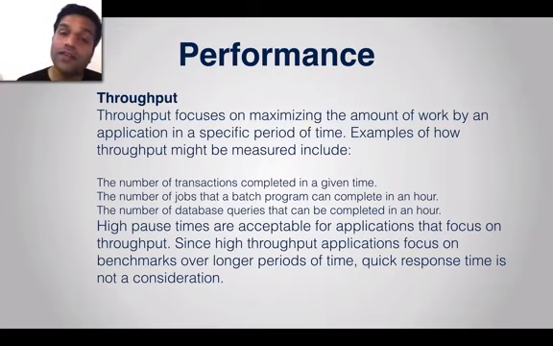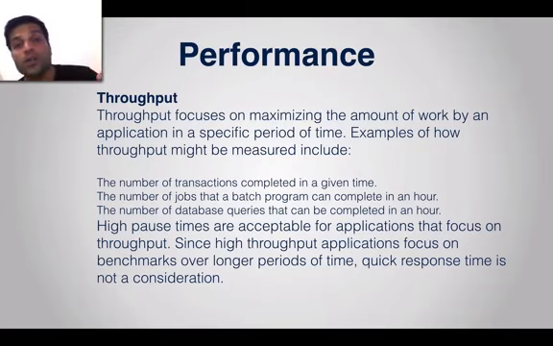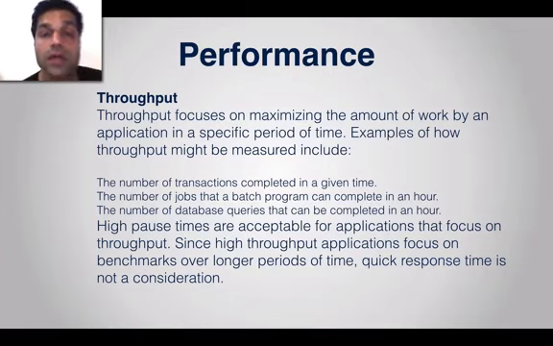In that kind of application, it's okay to have some pause where the application is not responding, as long as afterwards it quickly processes all the records that come in and achieves the throughput you want. That is the difference between responsiveness and throughput.